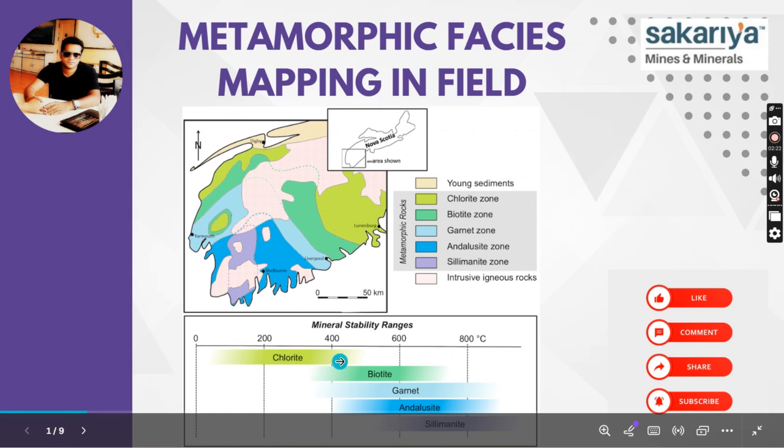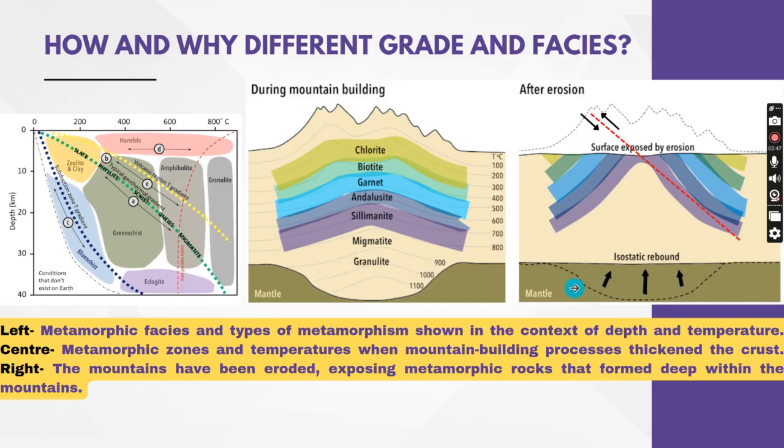I should not repeat these basic concepts of metamorphic index minerals. That is called first appearance, not last appearance. That means when the biotite zone starts, chlorite also can coexist. Even when the garnet zone starts, garnet will appear first, but biotite can continue, chlorite can continue. Okay, with this, let's proceed.